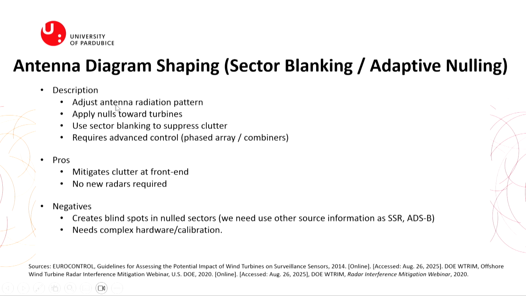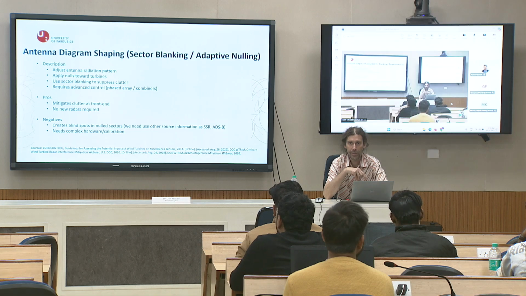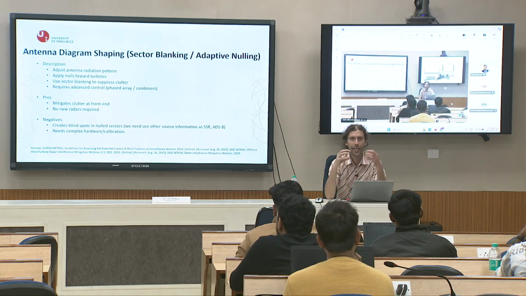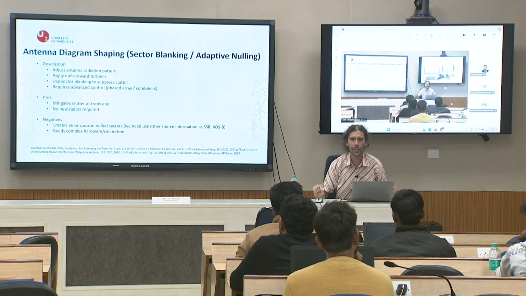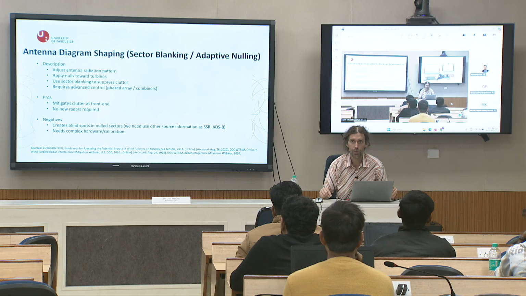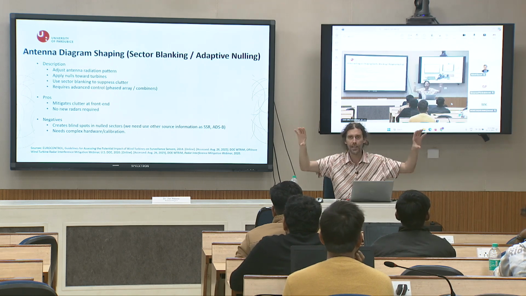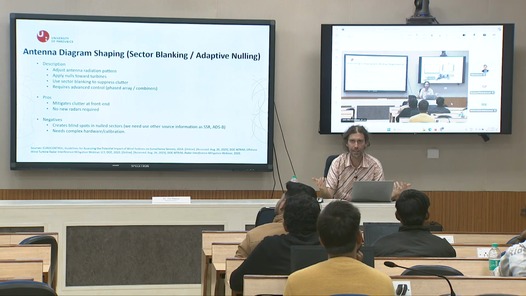So it is adjusting the antenna radiation pattern, but adjusting the antenna radiation pattern is not an easy task. It is tied to the already designed antenna. So how do you want to do it? If you have some antenna, you need to prepare a new antenna.